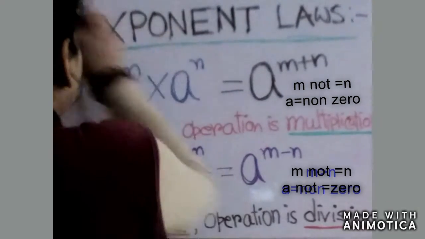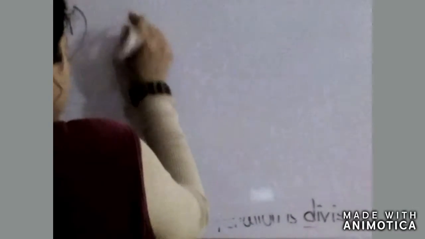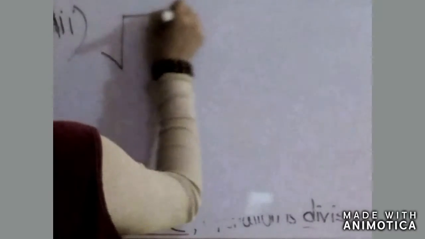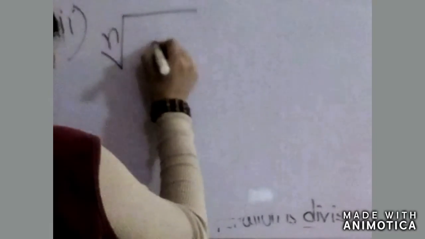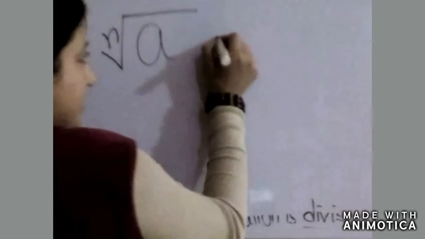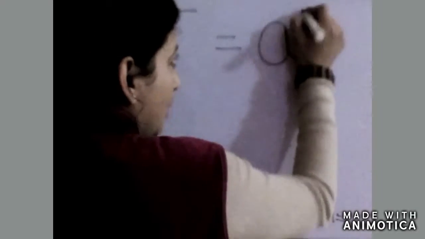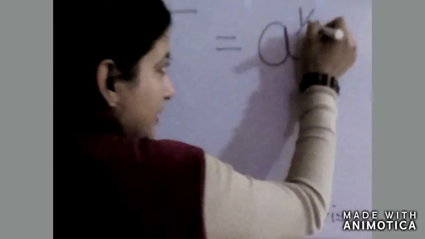Now we come to law number 3. The nth root of a, simply in this case we write a to the power 1 by n.